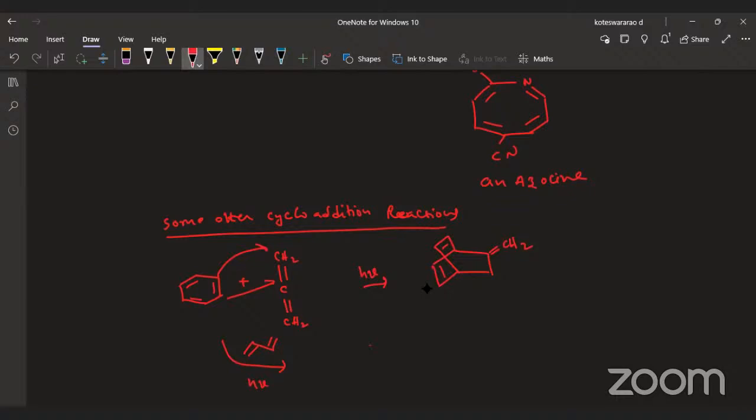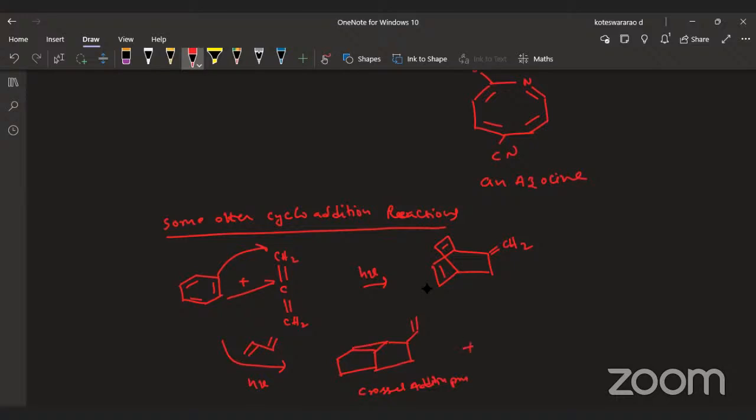One is the cross reduction product. This is the cross reduction product. And the 1,4 addition product. What is the 1,4 addition product?